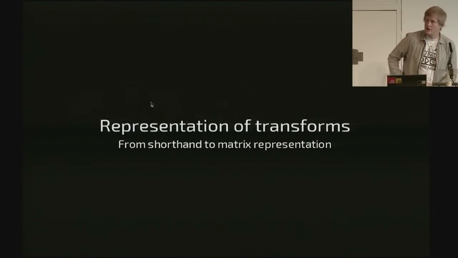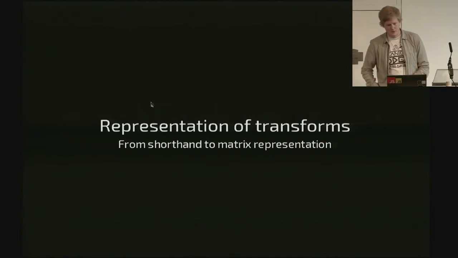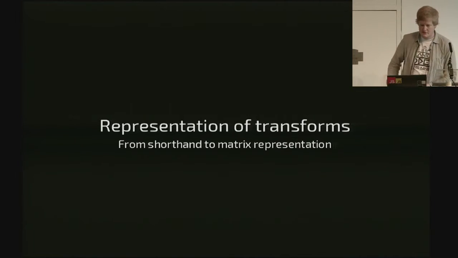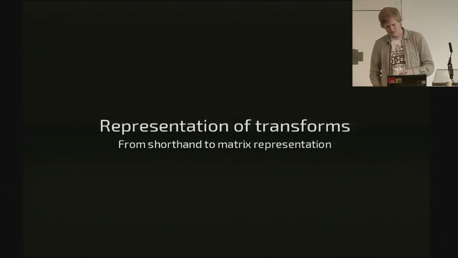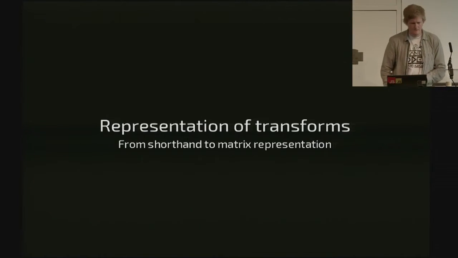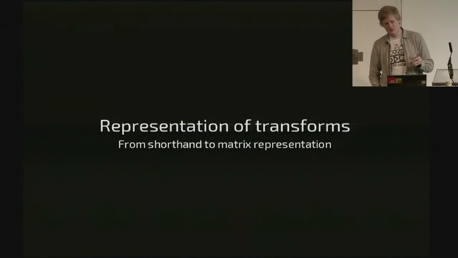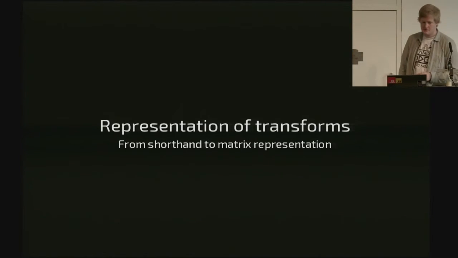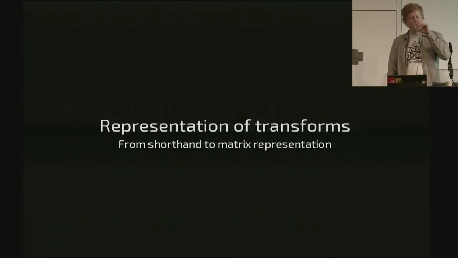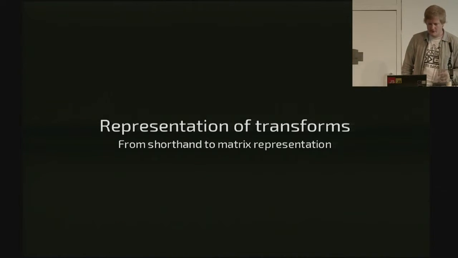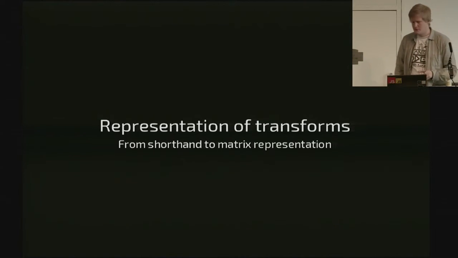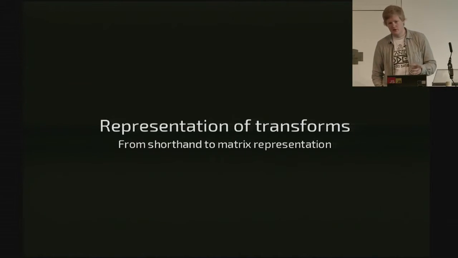So now that you have seen a bit about the theoretical foundations of transforms, let's revisit the shorthand transformation functions I showed at the very beginning and how they relate to the underlying matrix representations. One useful way to think of matrix representation of a transform is to compare it to the hex code of a color.